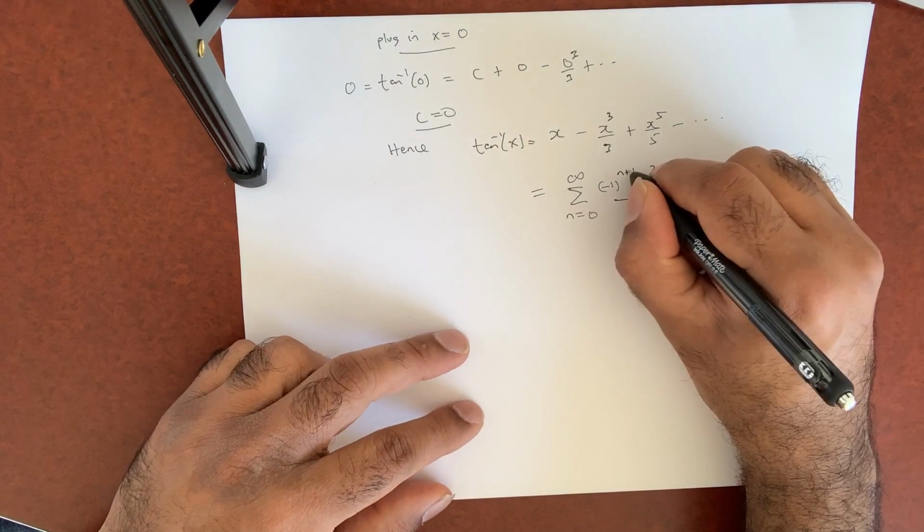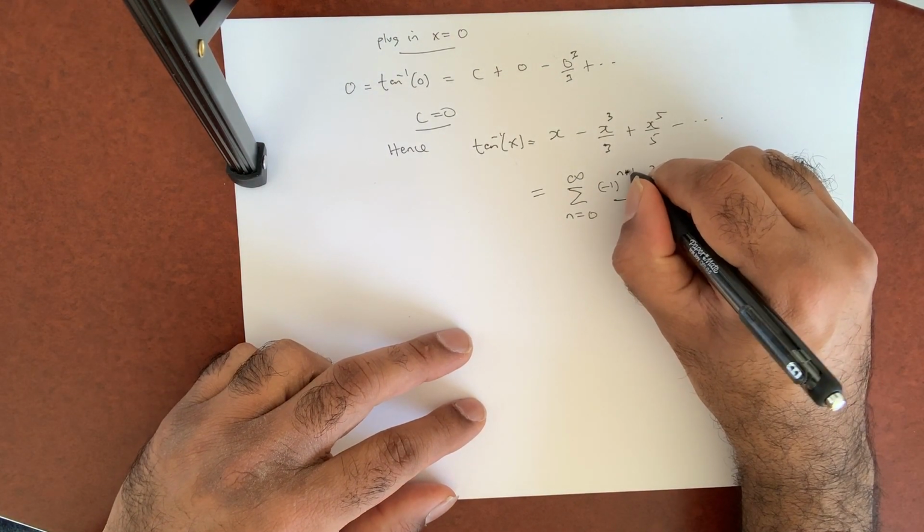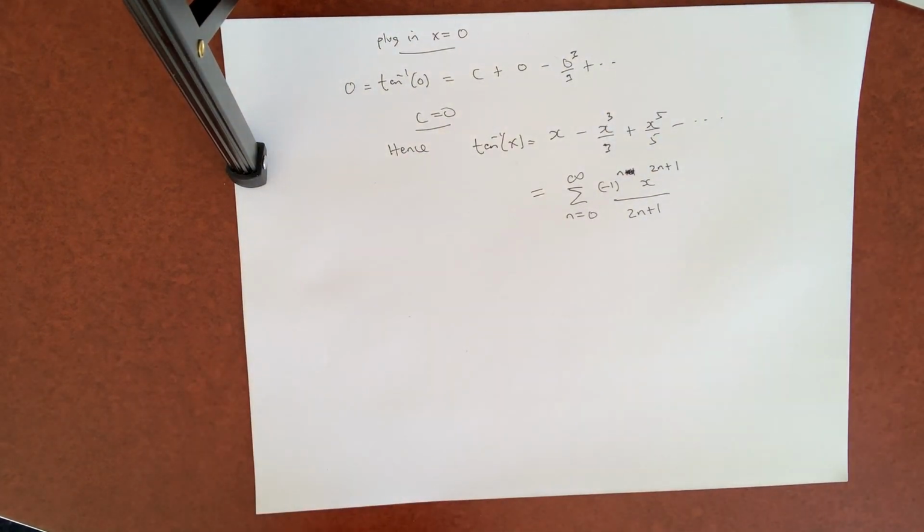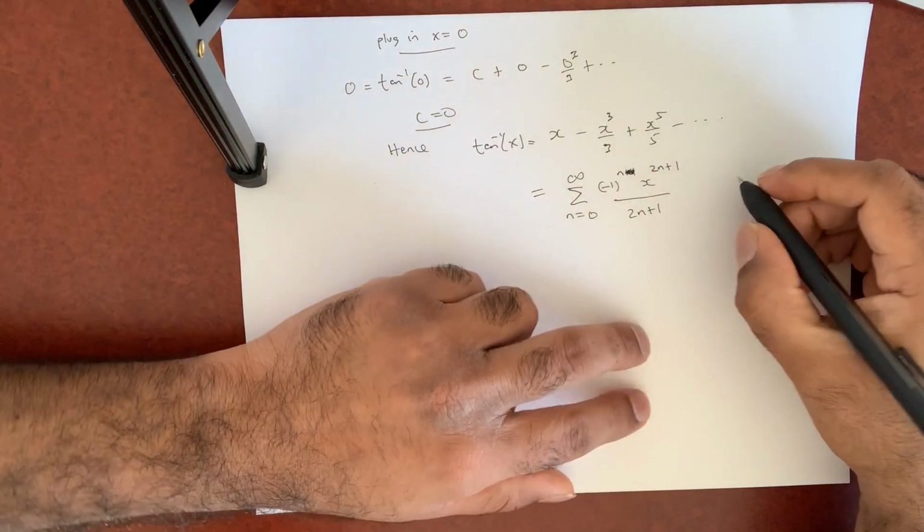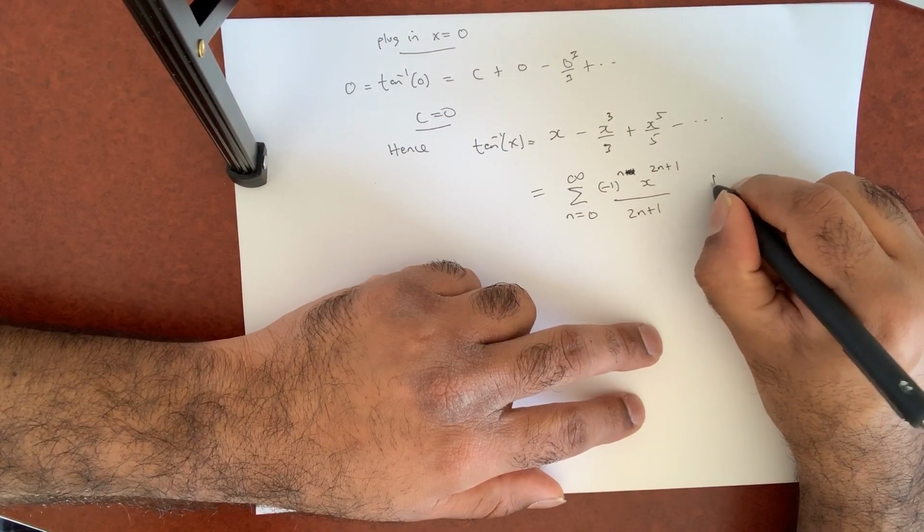I'm sorry, this is just negative 1 to the nth. Yeah, there we go.